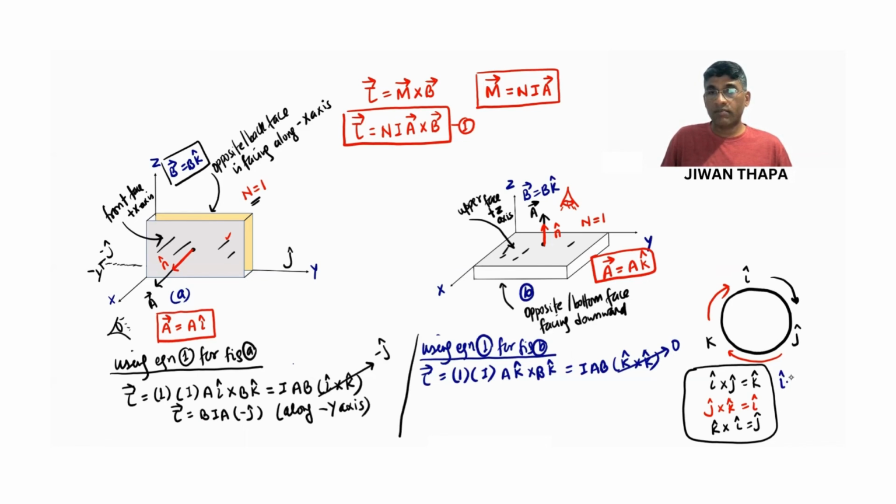We know this cross product is 0 because i cap dot i cap equals 1, j cap dot j cap equals 1, and k cap dot k cap equals 1, but i cap cross i cap equals 0. In the same way, j cap cross j cap equals 0 and k cap cross k cap equals 0.